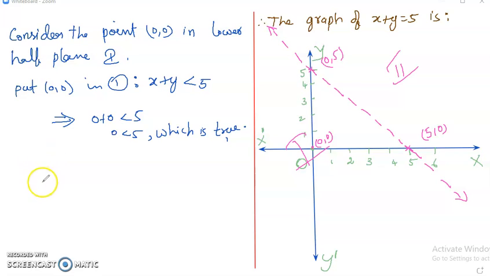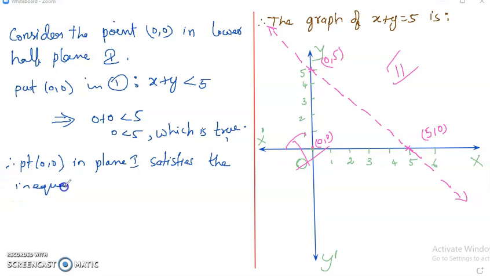So how will you write that? Since this is true, you have to say that the point (0, 0) in plane 1 satisfies the given inequality 1.